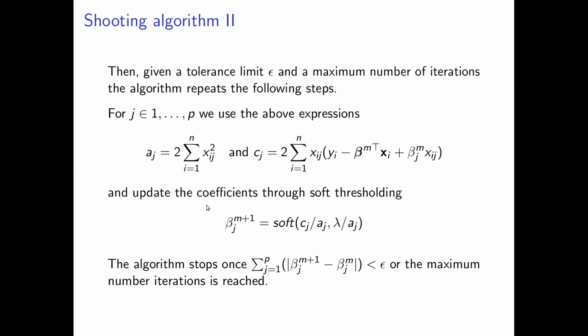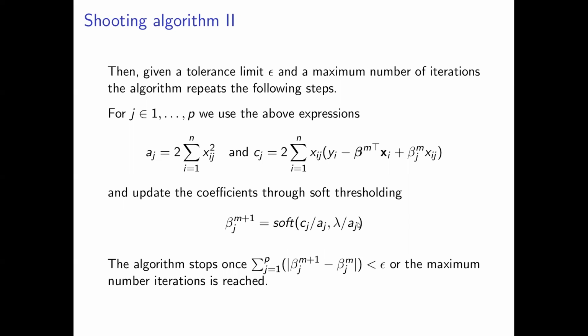Why this? We will use the C_j divided by this A_j as the first part in this soft thresholding function, and the chosen lambda value divided by this A_j as the second part.